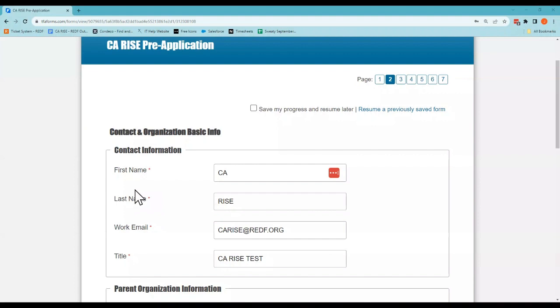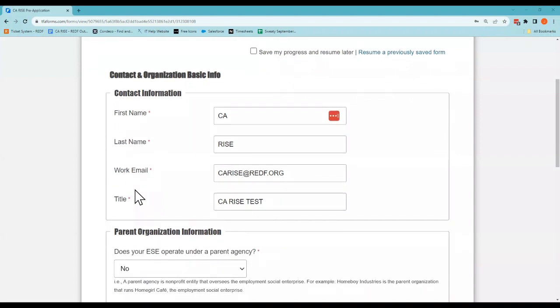This page gathers contact information of your organization and for one individual from your organization. The individual contact information provided should be for the person who will be monitoring your California RISE application status and who will be able to respond to further inquiries.